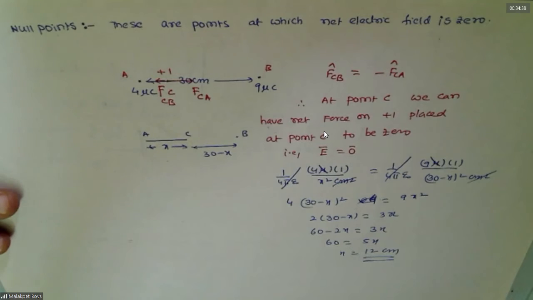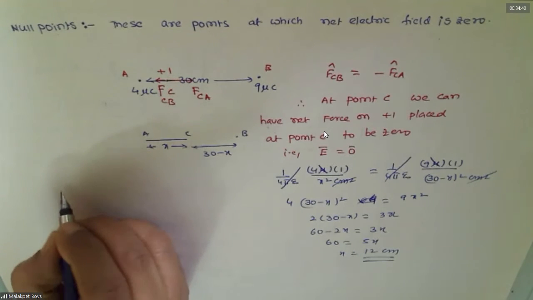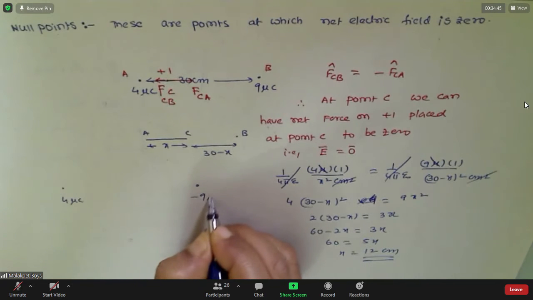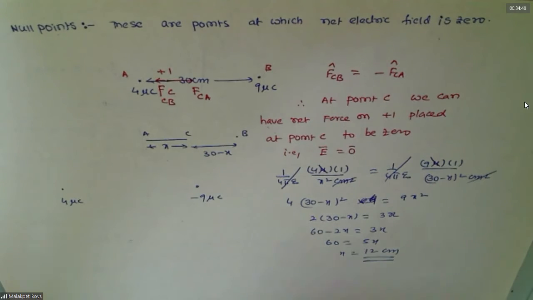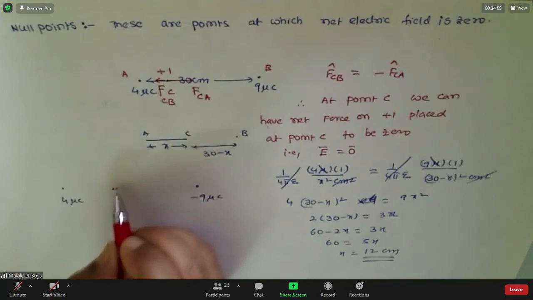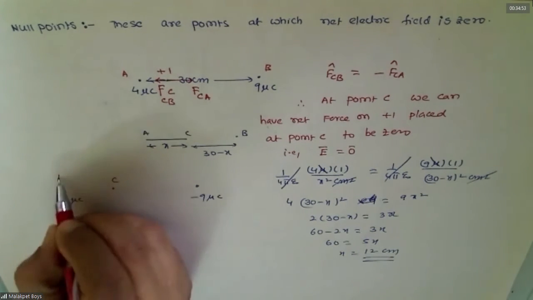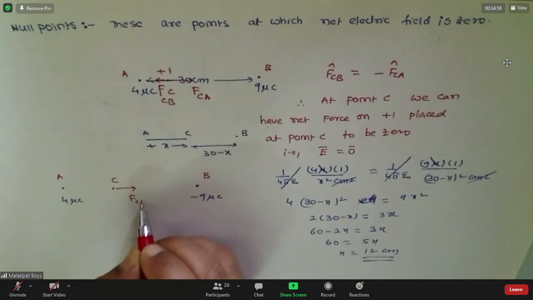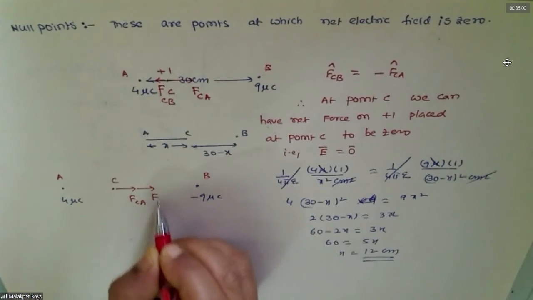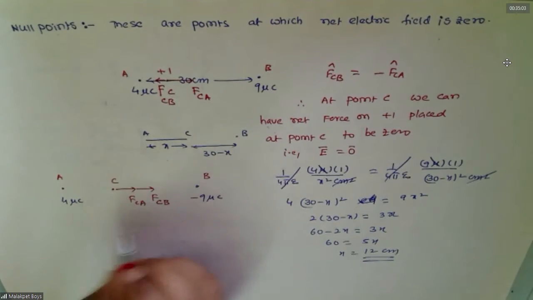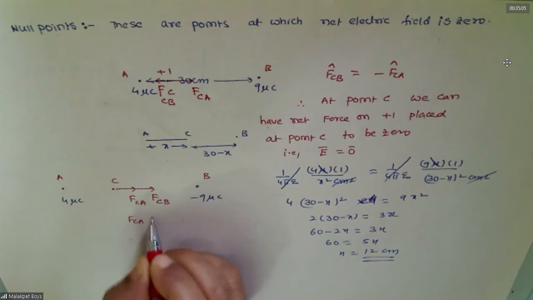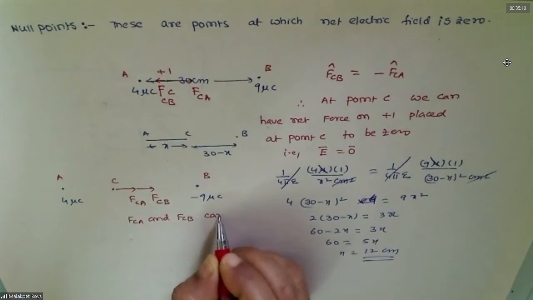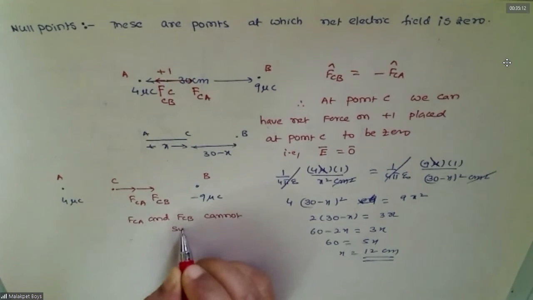Yes, sir. Now suppose we have dissimilar charges. Now you can see, if you keep any charge here, say for example C, with A and B, this is the force on C due to A, and the force on C due to B. So here they cannot sum up to 0 now.